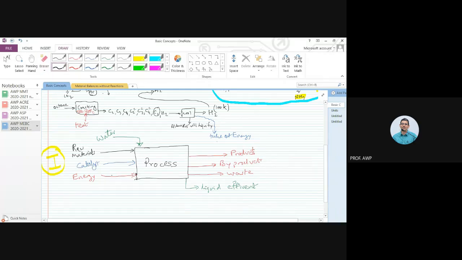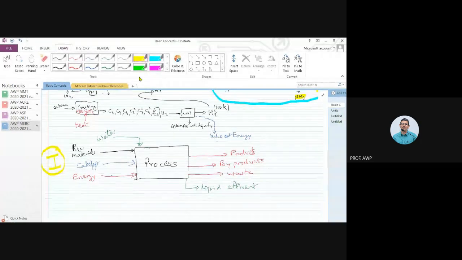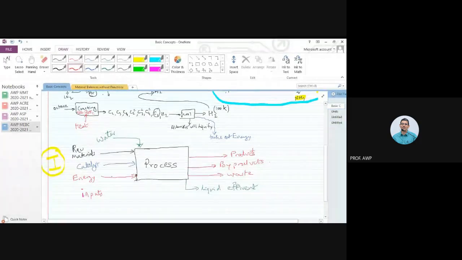All right. So one of the things that we as chemical engineers do is look at each and every process, or look at any process, from the point of view of what are the inputs, what are the outputs, right?